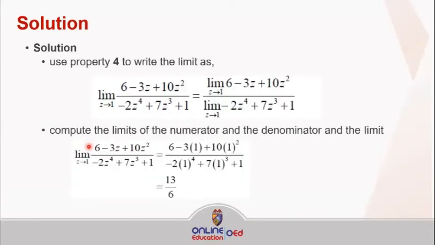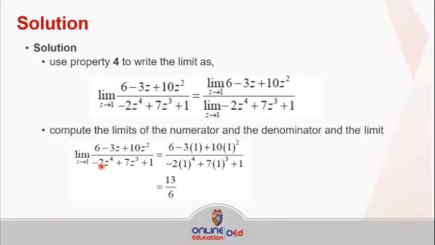Pwede natin kunin yung limit ng numerator and kukunin din natin yung limit ng denominator. We have the limit of 6 minus 3z plus 10z raised to 2 over the limit ng negative 2z raised to 4 plus 7z raised to 3 plus 1.